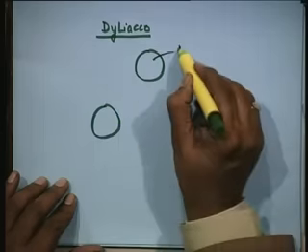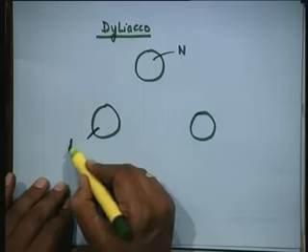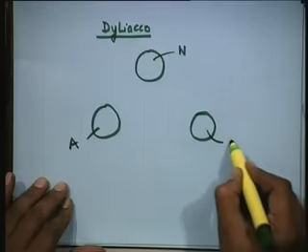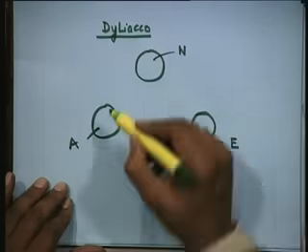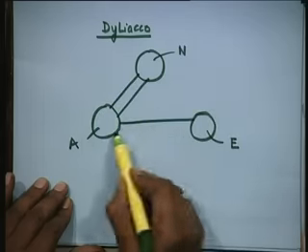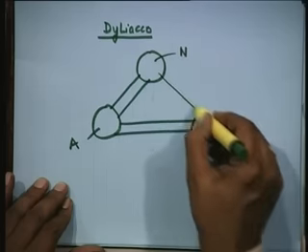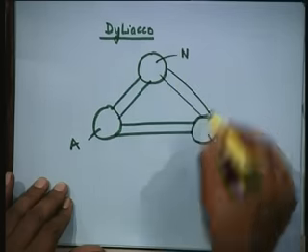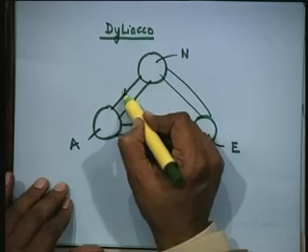This is the normal state, this is the alert state, this is the emergency state. Now, from normal to alert you can go.